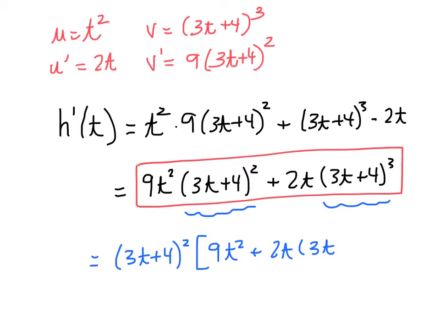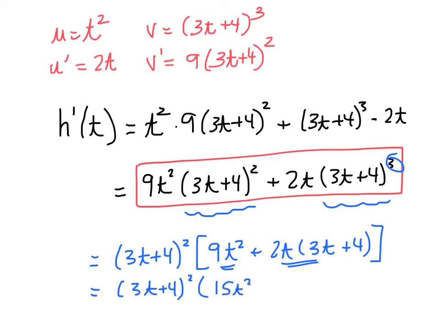We've only factored out 2 of them, and there's 1 left over here because this is cubed. And so that might simplify to something like this. 3t plus 4 squared times 9t squared, and this is going to be 6t squared when you distribute that, so that's 15t squared plus 8t.